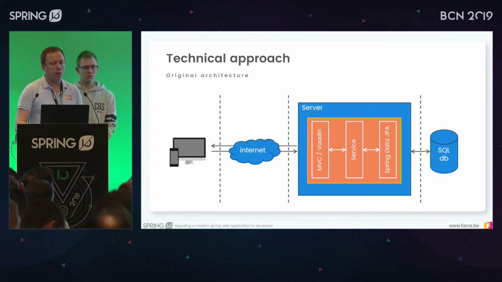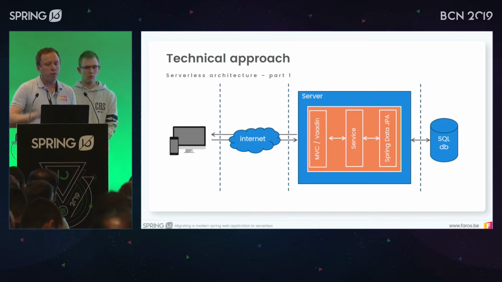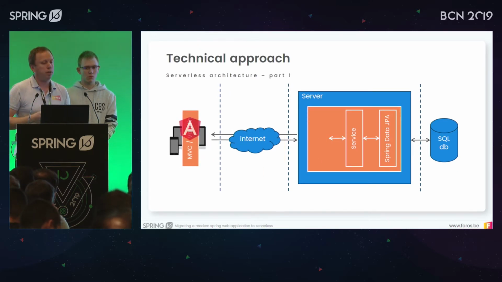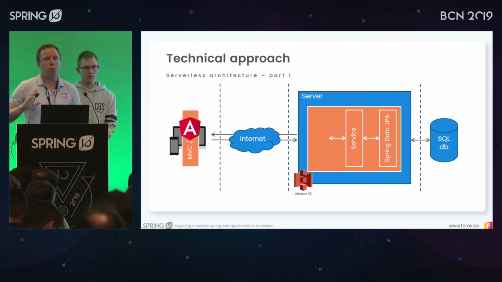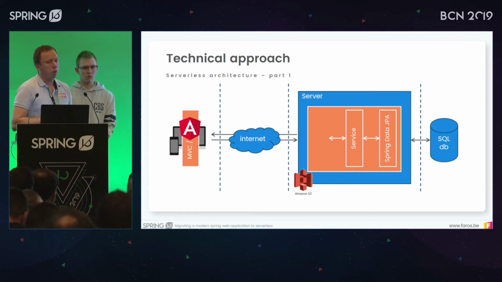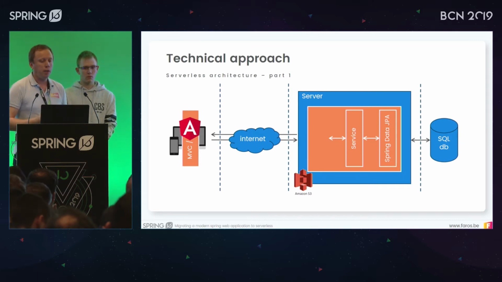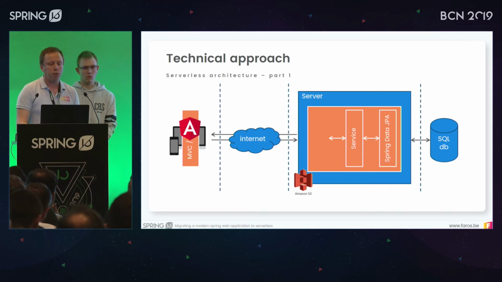And so that's the application that we have here. Now, the first thing that we started with is that we wanted to move out the front end of the application. So what we did was move out from Vaadin to a front end client technology with Angular, which we started hosting on AWS S3.